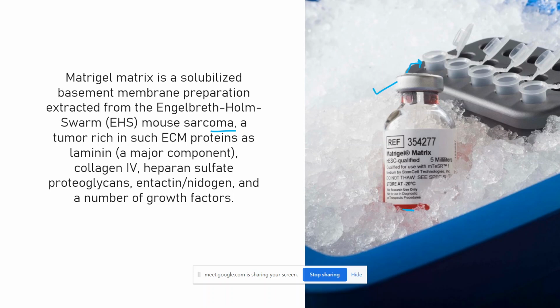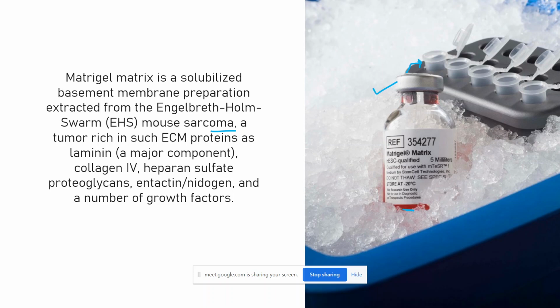As we discussed in the first lecture videos, the ECM is highly complex as it has different kinds of proteins, glycoproteins and collagen.